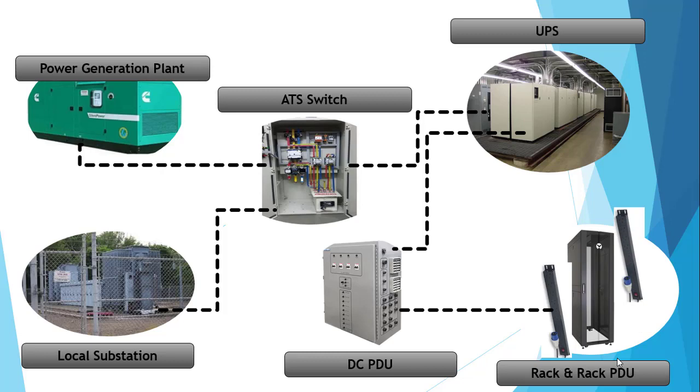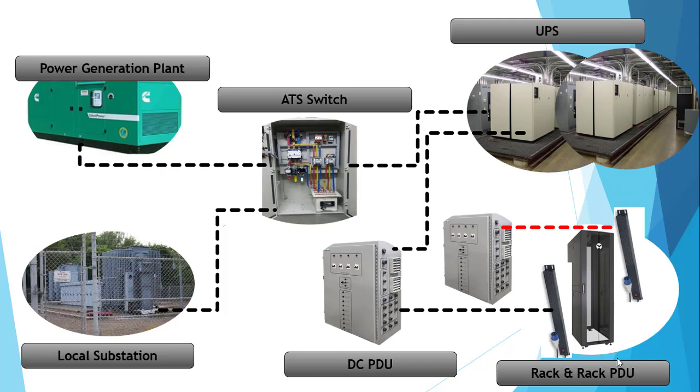Now that we have added the secondary PDU, the DC PDU, that is the data center PDU, is now the single point of failure. So what to do? Let's add one more DC PDU. The second DC PDU will supply power to the second rack PDU. Always it's better to add one more UPS.